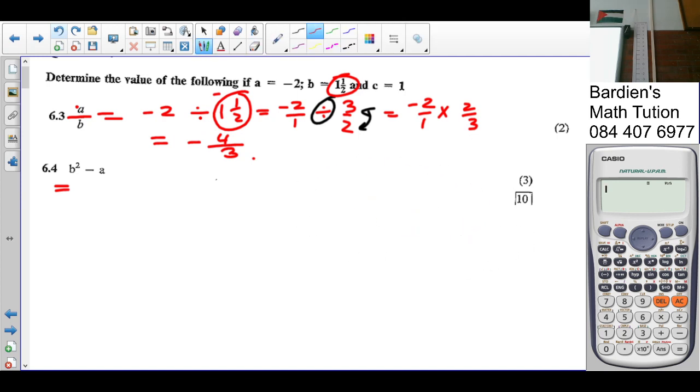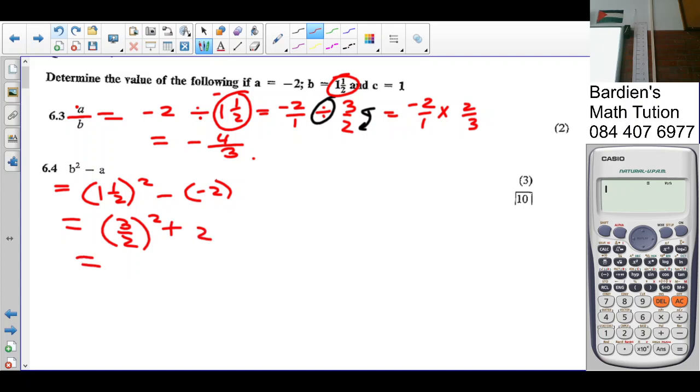Next. B squared. What is B? 1.5 squared minus A, negative 2. So we're going to first change 1.5 into a mixed fraction, which is 3 over 2. It must be squared minus negative times negative, positive 2. What is 3 squared? 9 over 2 squared is 4, plus 2.